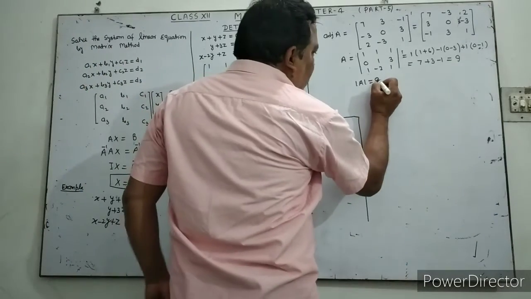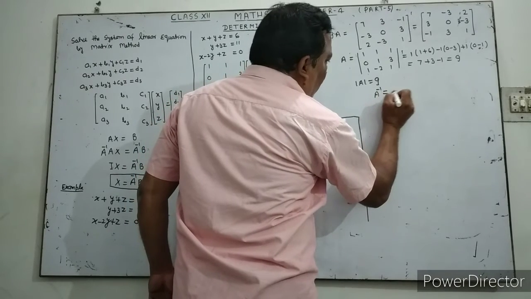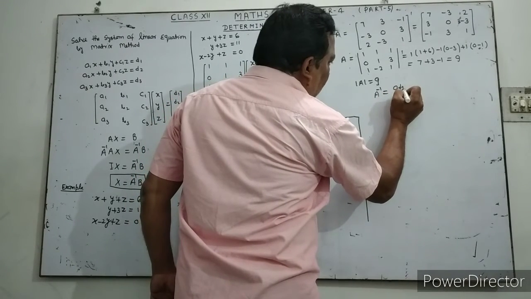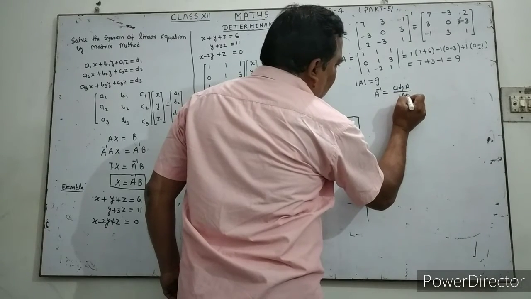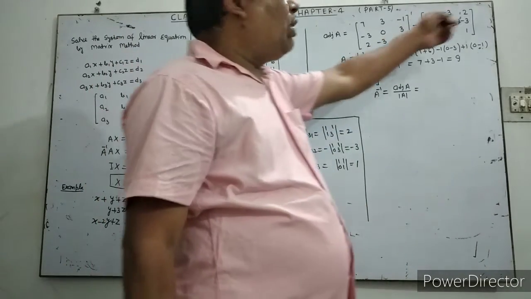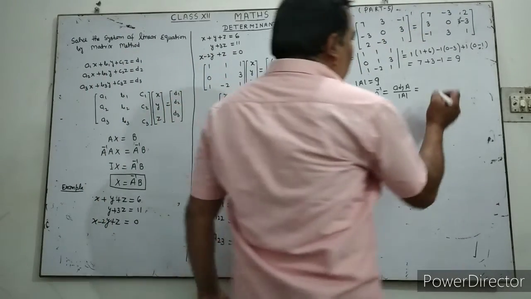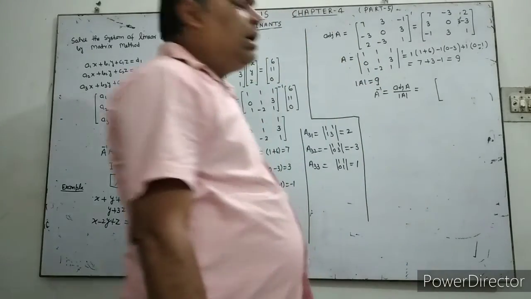Then A inverse is equal to adjoint A upon determinant A. Now, what is the value of adjoint A? This is the value of adjoint A. Now you divide by the determinant A, 9.